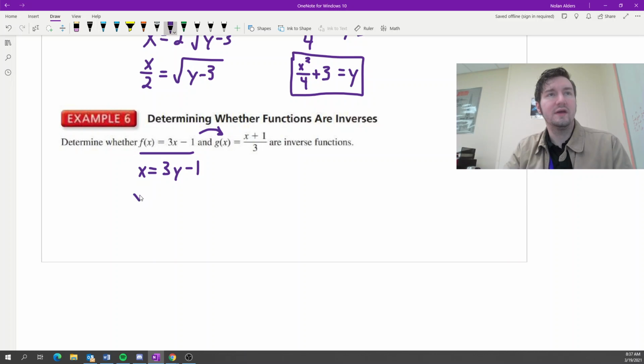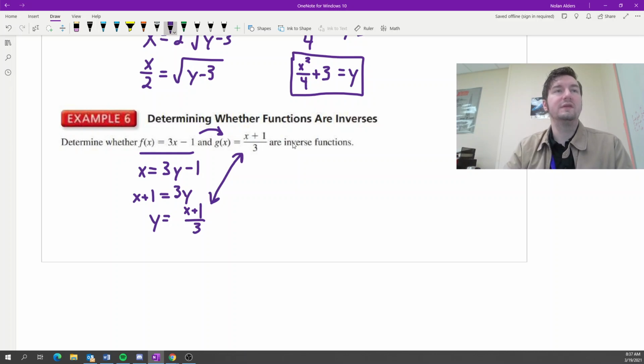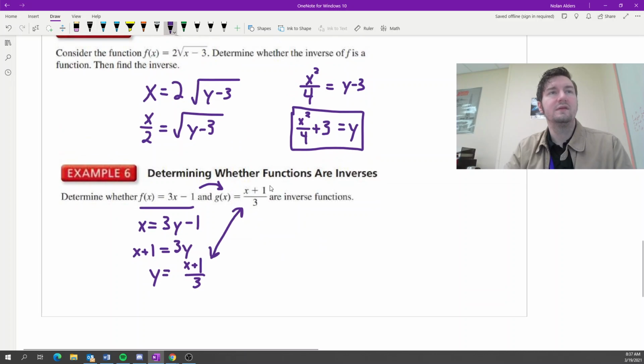Add the 1, so we'll have x plus 1 equals 3y. Divide by 3, we'll have y equals x plus 1 over 3. And we can see that these are the same. So yes, these are inverses of each other. This is an inverse of this function.